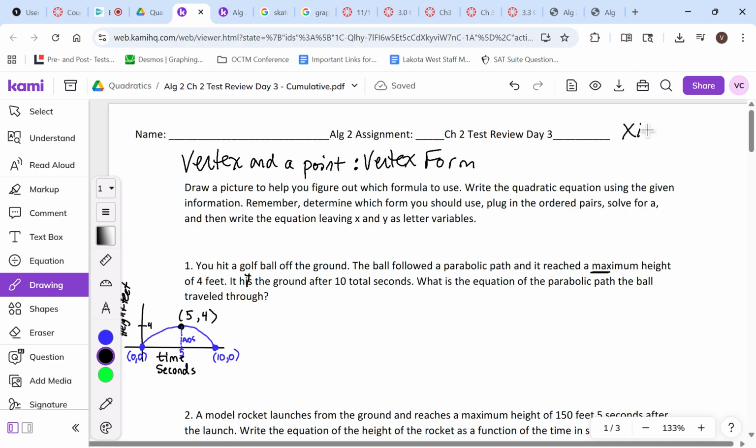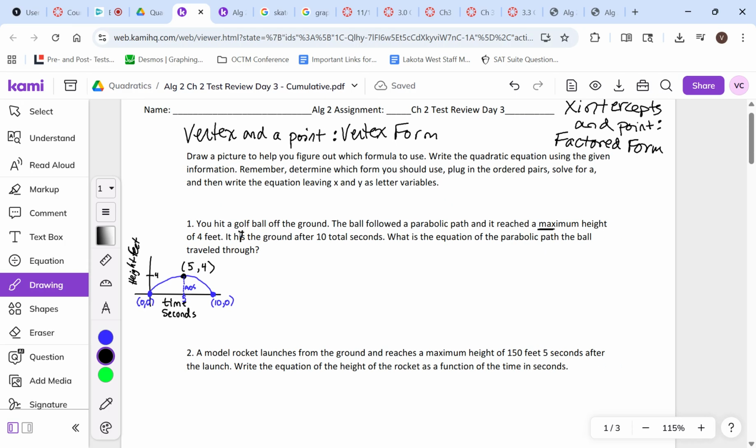If we know the x-intercepts and a point, we're going to use factored form, or otherwise known as intercept form. In this case, I have both the x-intercepts and the vertex. So this is where you can actually choose which one you would like to do.